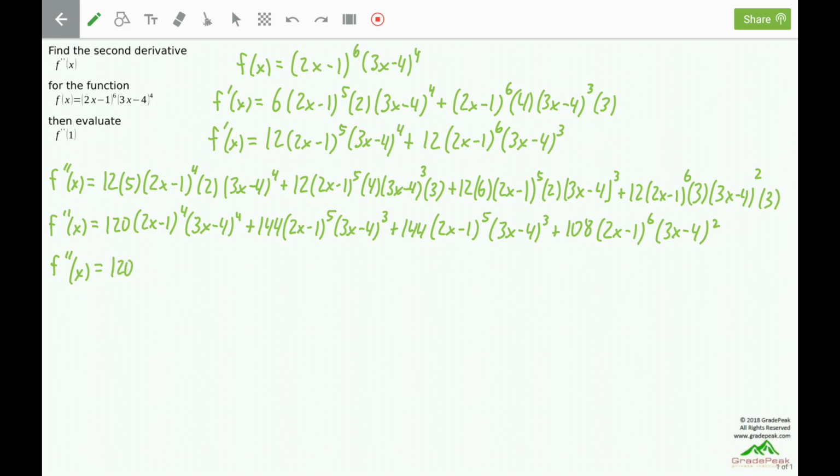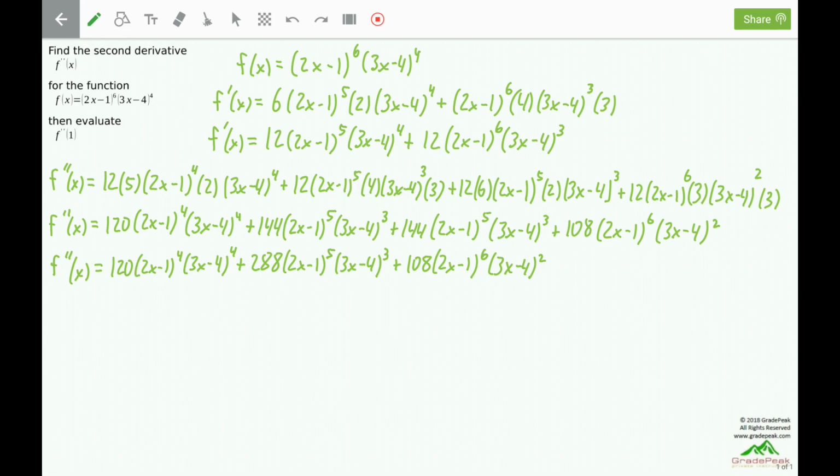So we have 120, (2x minus 1) to the 4th, times (3x minus 4) to the 4th, plus 144 plus another 144, so 288, (2x minus 1) to the 5th, times (3x minus 4) cubed. And then we have our last term, 108, (2x minus 1) to the 6th, and (3x minus 4) squared.